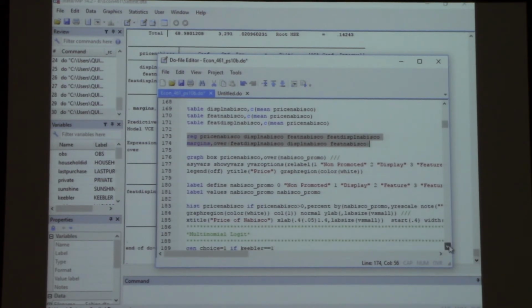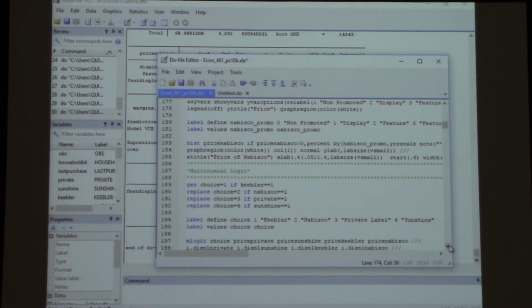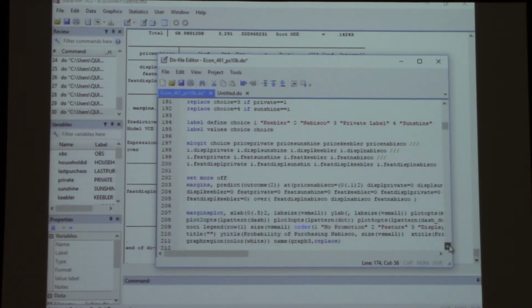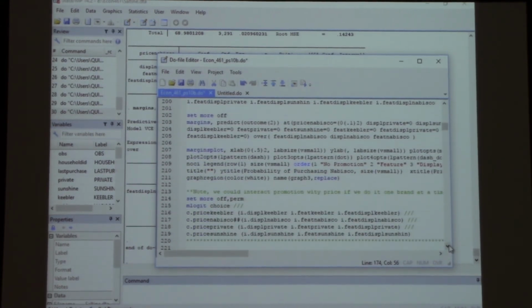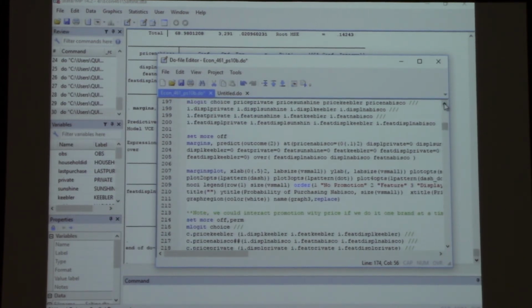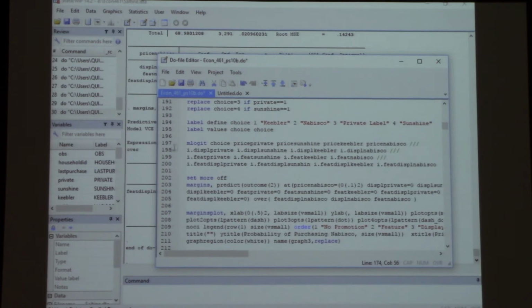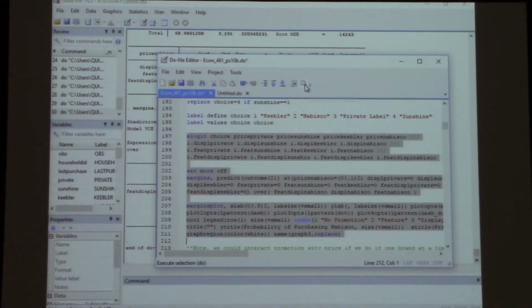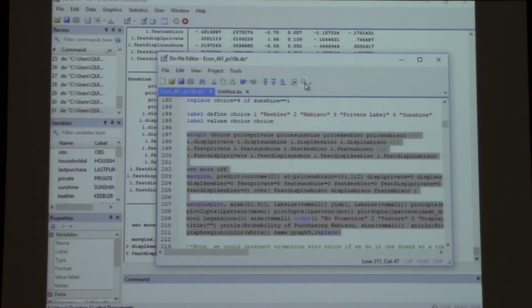So, all right, now we can run the multinomial logit. I think we already showed it's going to make a difference. With no interactions, these should be parallel shifts.